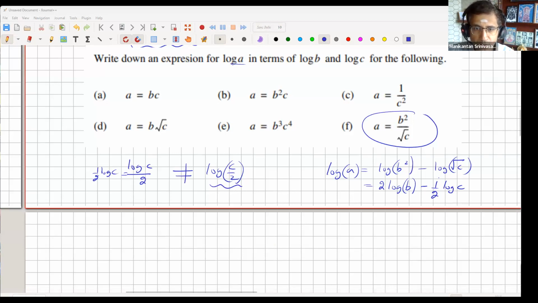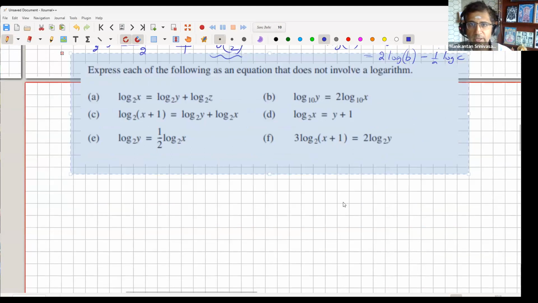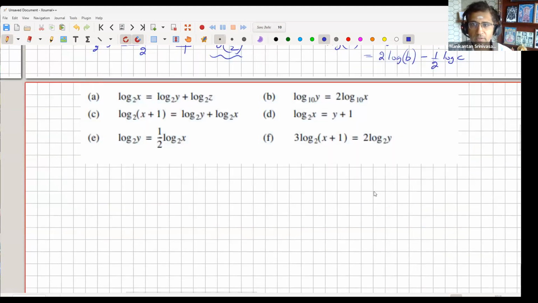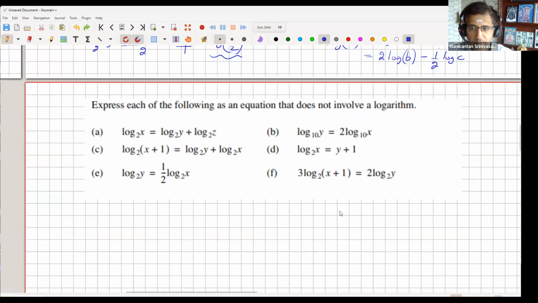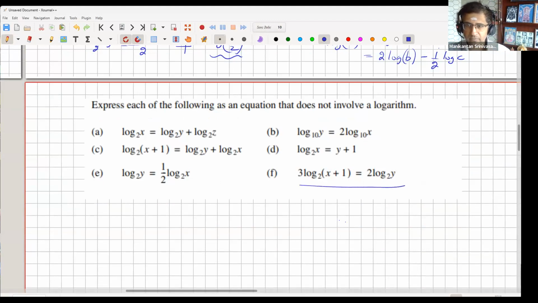Keshav, can we express each of these following as an equation that does not involve logarithm? Okay, can we do the F part? So you have to write it out in such a way that there's no logarithm at all. Okay.